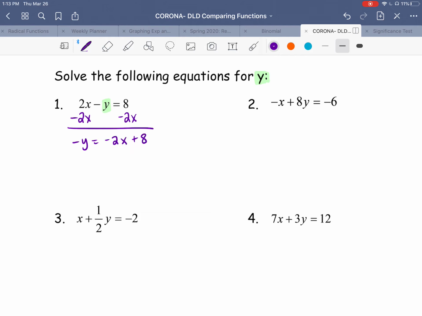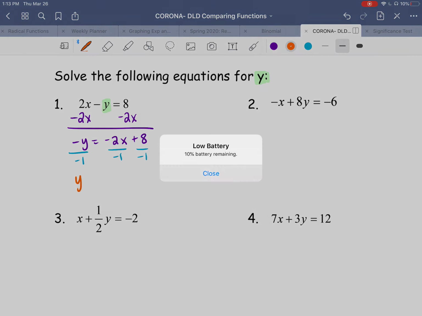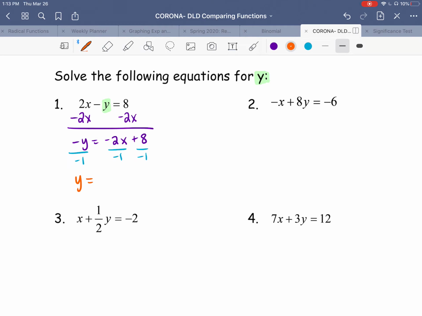Okay, well, we don't want a negative y, we want just y. So in order to have just y, we're going to have to divide by -1, which means we're dividing all of these by -1. So our final equation is going to be y equals 2x minus 8.